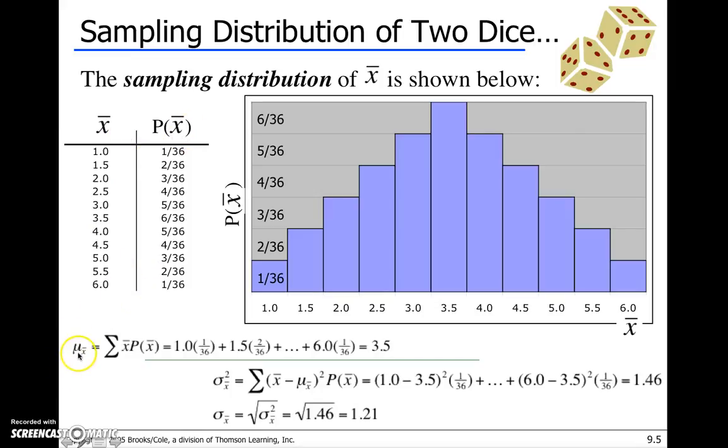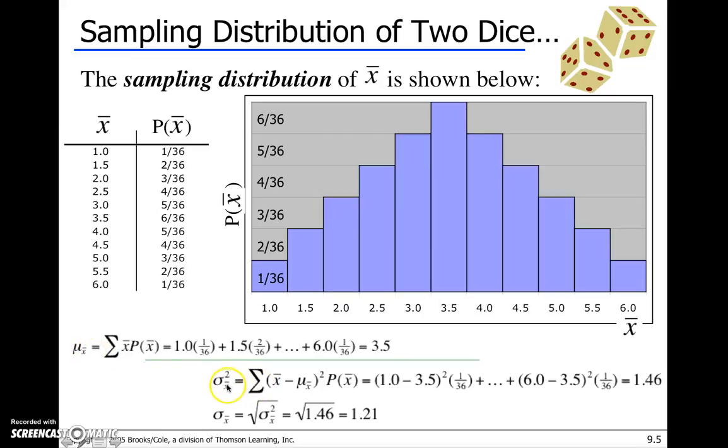If you find the mu of x bar, the mean of the x bars, or the expected value of the x bars, this is given by the sum of x bar times p of x bar. That is, each x bar as shown here is multiplied by its corresponding probability, and you sum the result. That gives you 3.5. Whether you throw 1 die, 2 dice, or n dice, the mean value is going to be 3.5. So the mu of x bar is just mu.